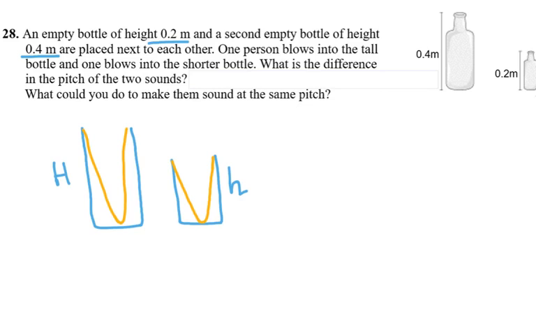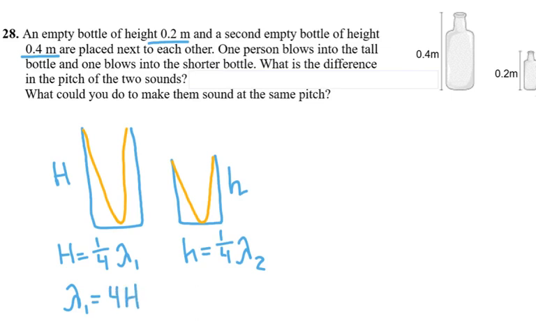So in this case, my H is equal to 1/4 of the wavelength. And in this case, my h is also equal to 1/4 of the wavelength. Let me call this wavelength 1 and wavelength 2. So this one is 4 times the longer H, or taller H, and this one is 4 times the shorter h.